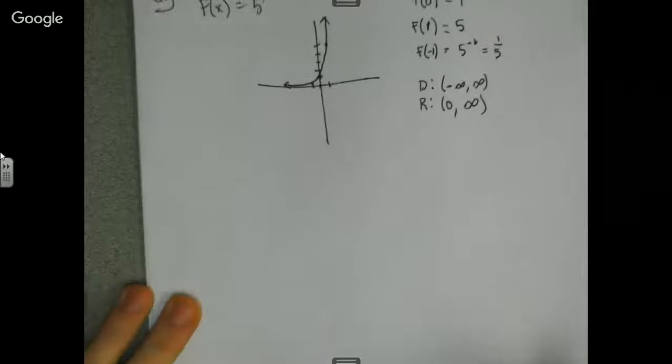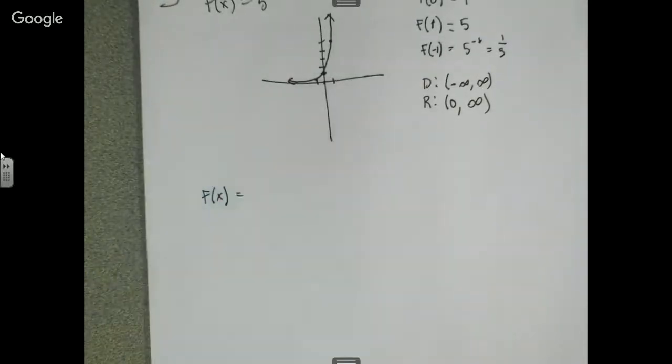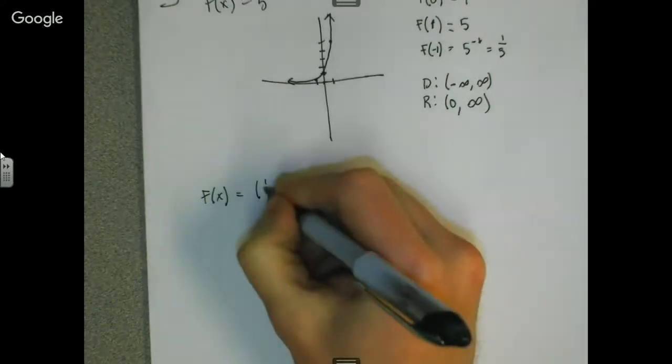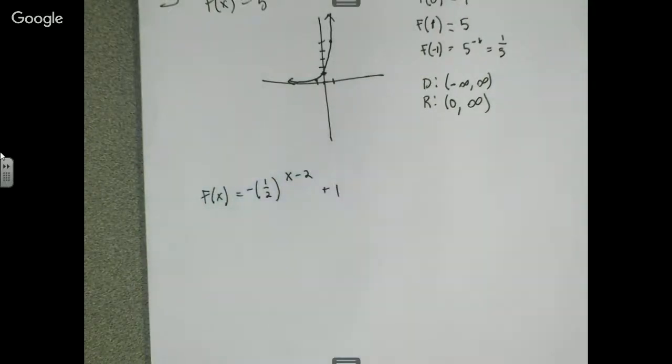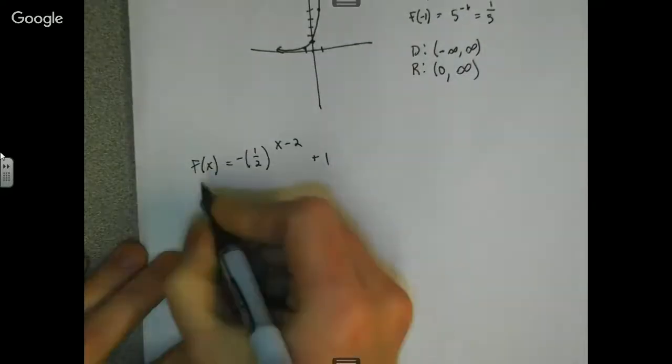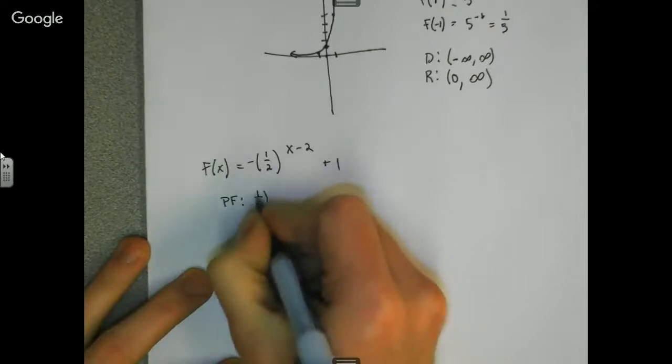such as if I have f of x equals, let's see here. Oh, let's just do this one. Let's say f of x equals negative 1/2 to the x minus 2, plus 1. Okay, so we first want to look at our parent function, which is 1/2 to the x.